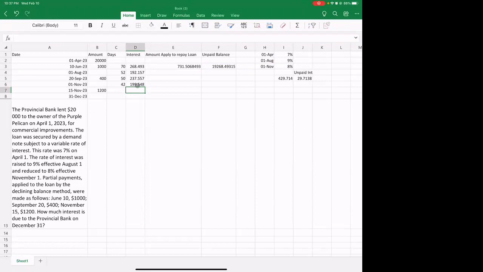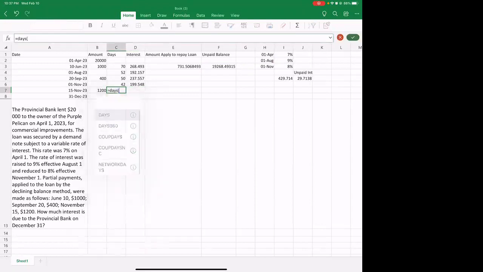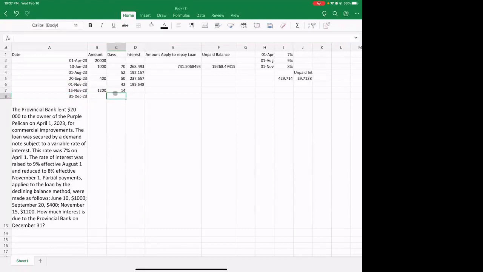November 1st to November 15. So how many days? Calculate the days. It is November 15 minus November 1st. Okay, 14 days. The interest, remember, effective November 1st, the interest becomes 8%.